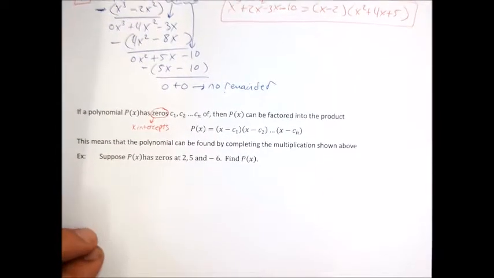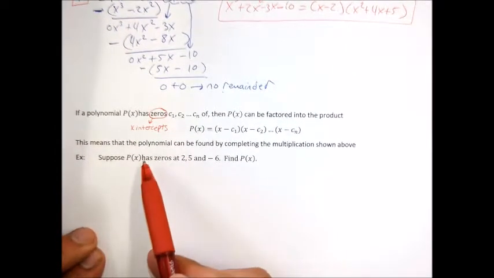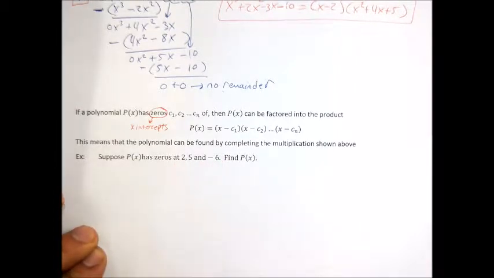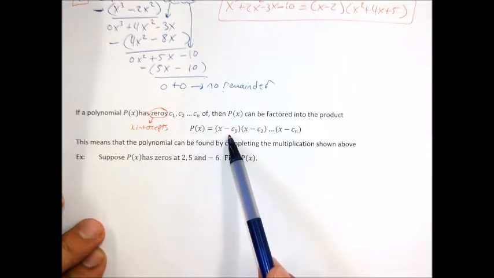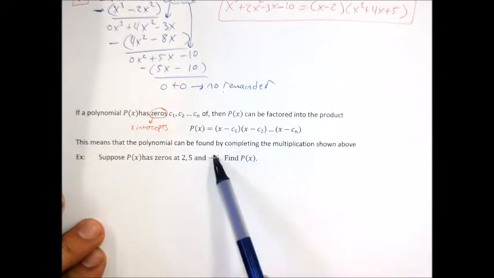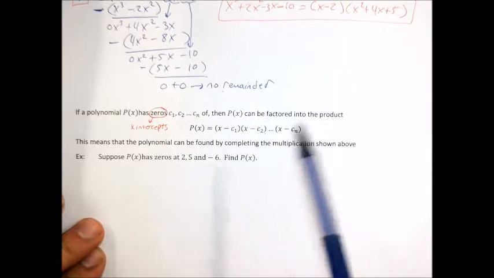So for example, if we know the zeros of this polynomial, let's say we know the zeros are 2, 5, and minus 6, then we can write the polynomial as the product of x minus these three things. Right?